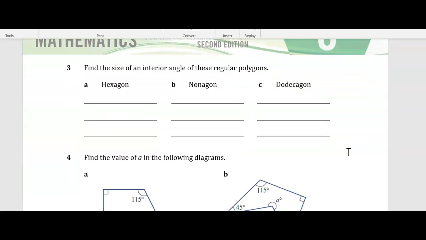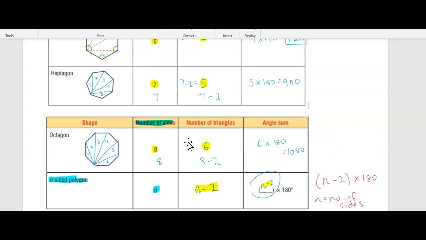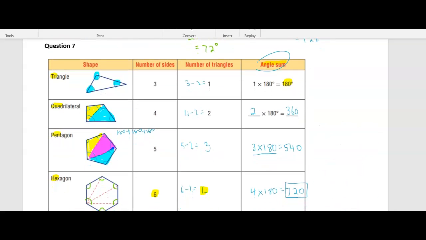All right, with question 3, what it means by the interior angle, if I just go back here, let me just see if we've got a shape, and we'll do it on the triangle. These are your interior angles here. So if we had an equilateral triangle, so all the sides were the same, each angle would be 60 degrees because it has to add up to 180.